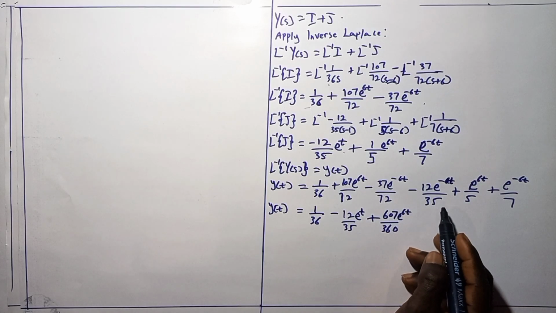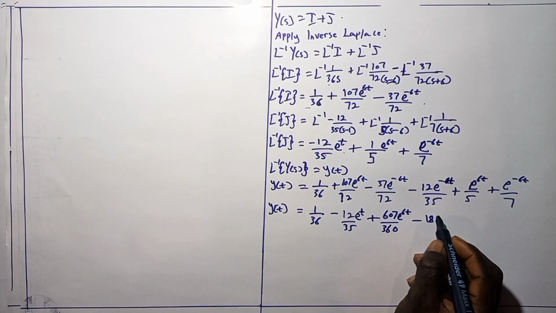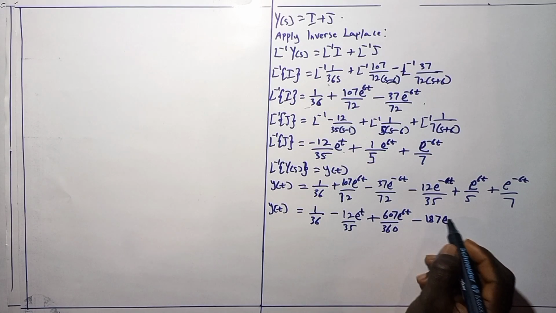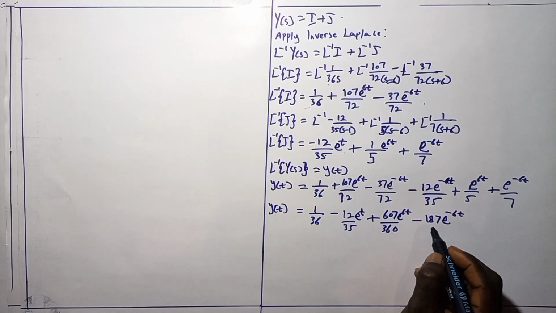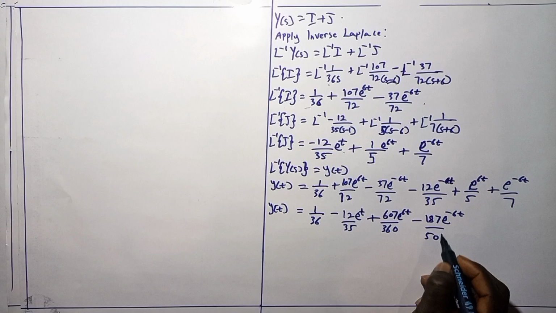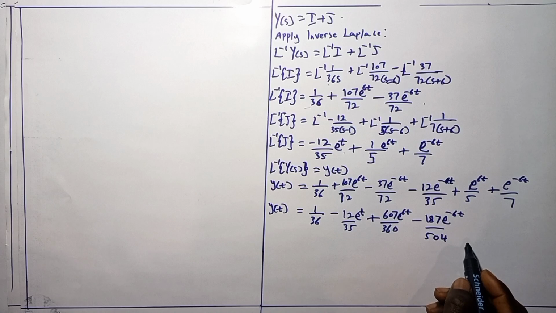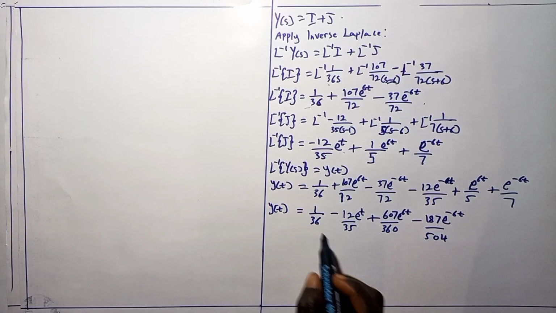So when we add this up, we're going to have minus 187 exponential minus 60t all over 504. So now this right here is the final answer to our y of t.